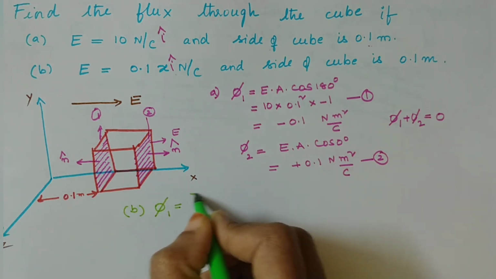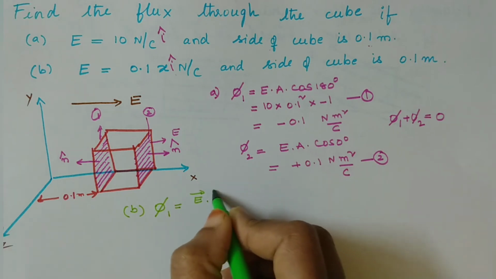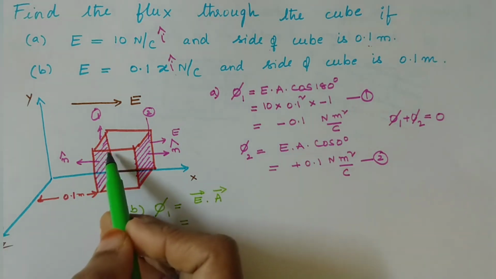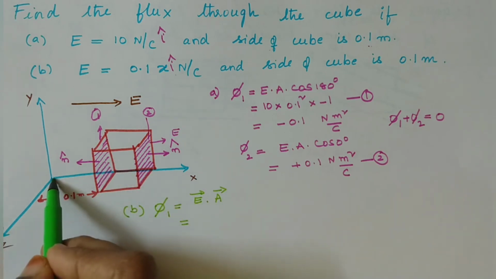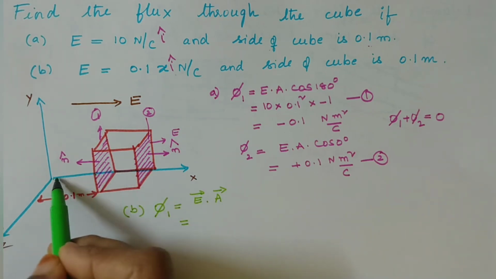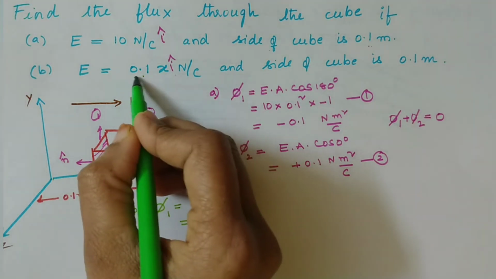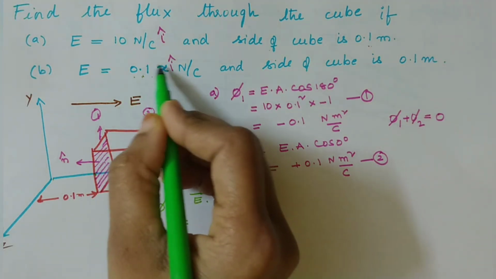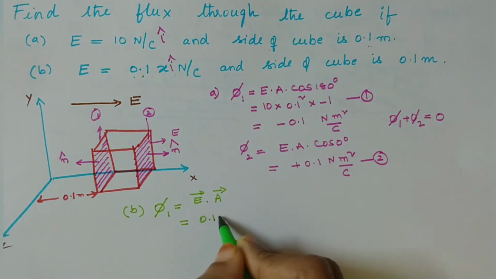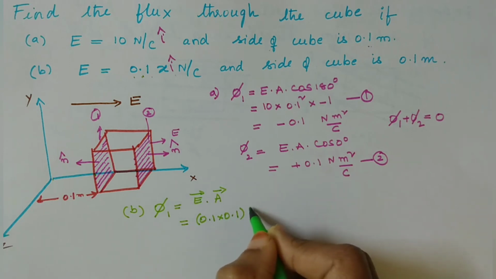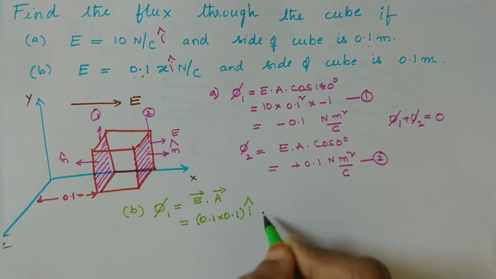It should be E dot A. At the first surface, that means the first shaded portion, it is at a distance of 0.1 meter along the x-axis. So electric field would be 0.1 into x. x has become 0.1, so 0.1 into 0.1, direction is i cap, dot.